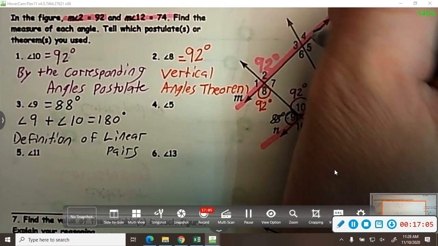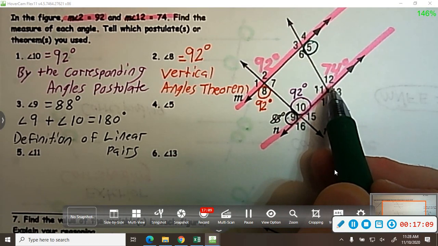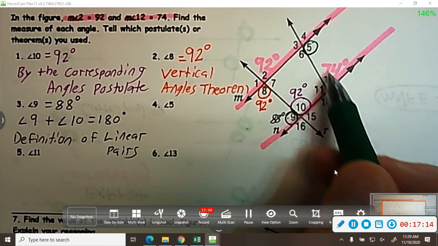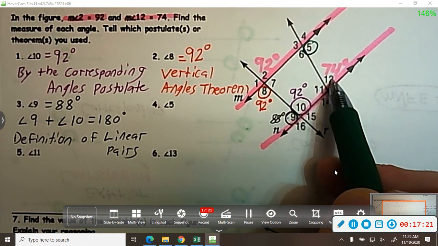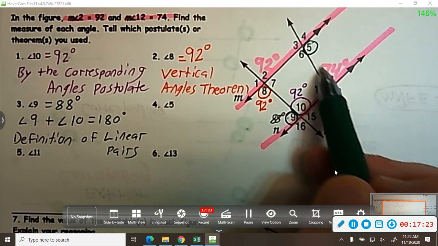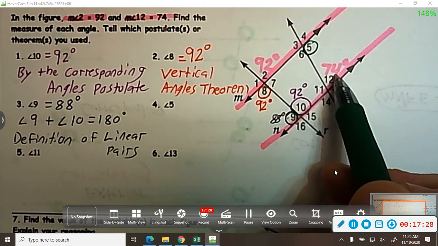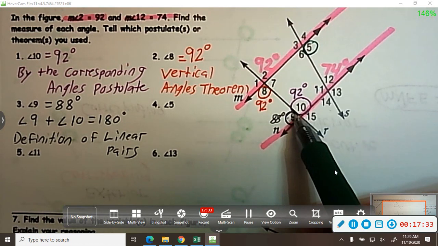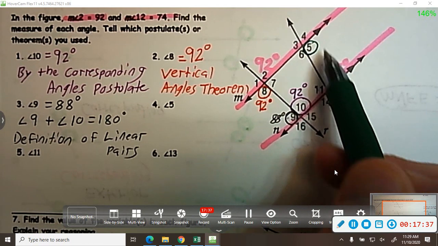Angle 5. I'm going to relate angle 5 to angle 12 because I know 5 and 12 are same side interior, or I should say consecutive interior. So I know 5 plus 12 is 180 because they are consecutive interior, and consecutive interior says if a transversal intersects two parallel lines, then the same side angles are supplementary.